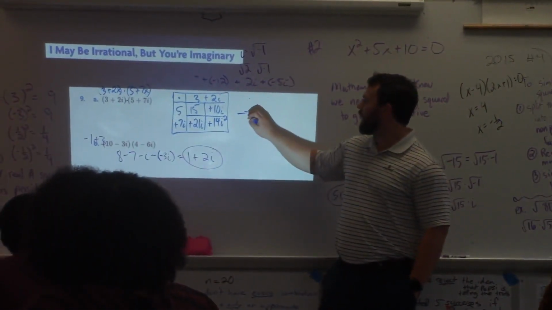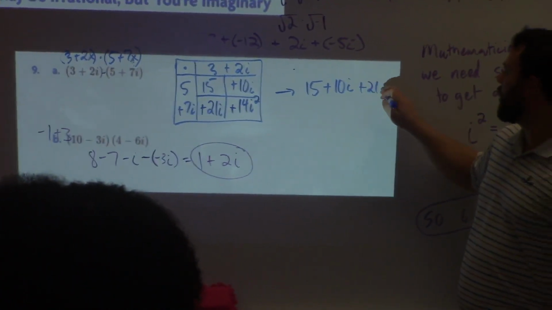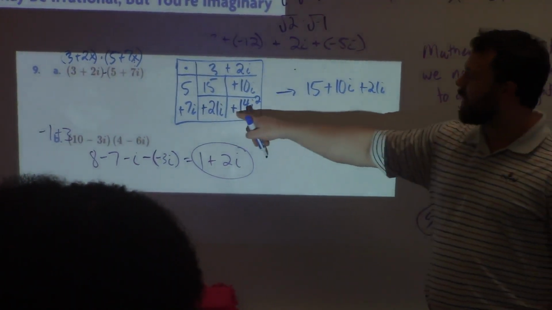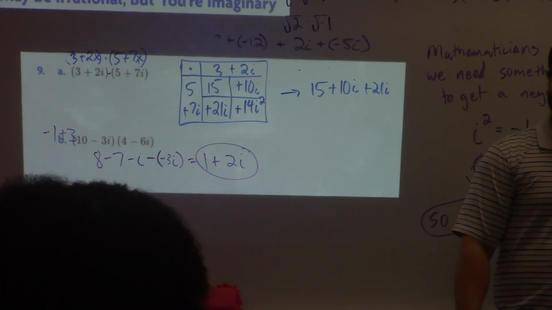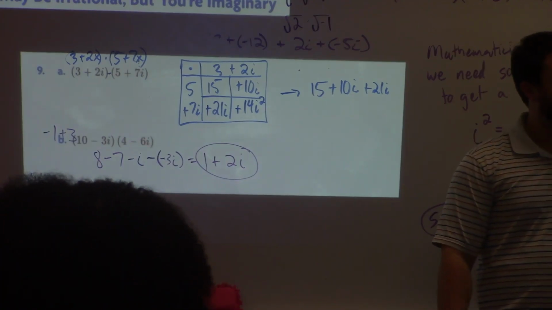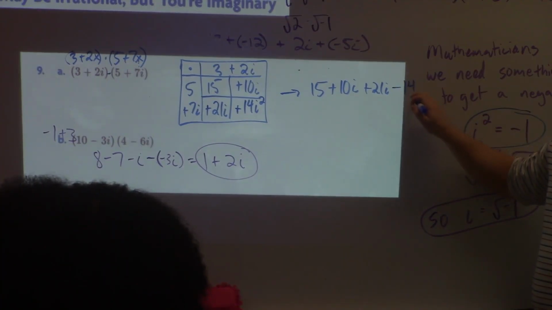So what do I have? I have 15 plus 10i plus 21i plus 14i squared. Now, how can I rewrite 14i squared? Well, what was the whole point? i squared is negative 1, so this would be minus 14.